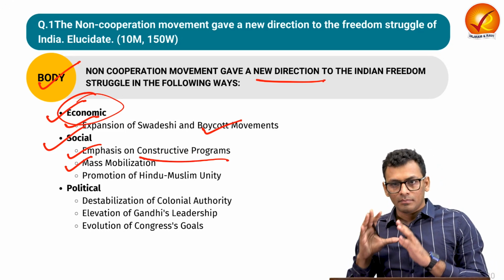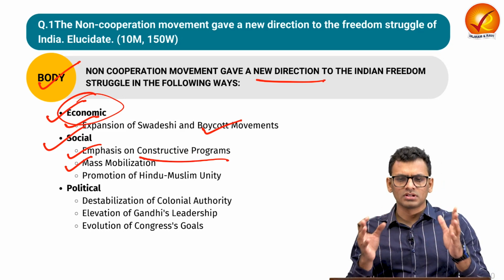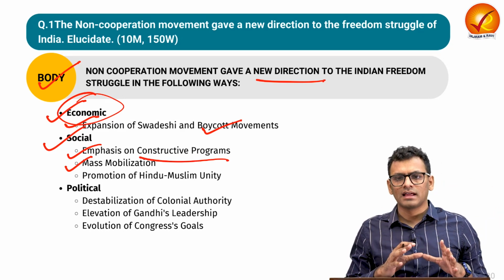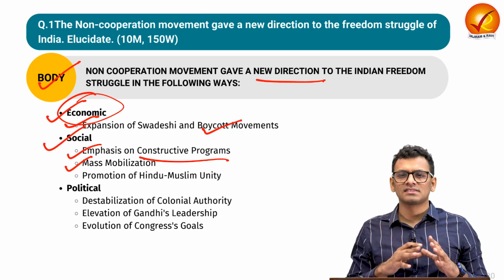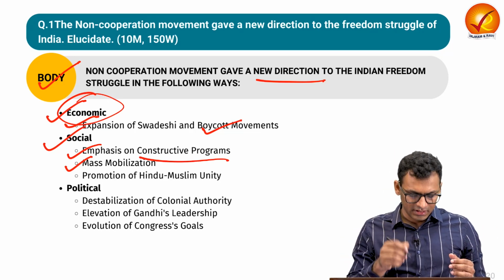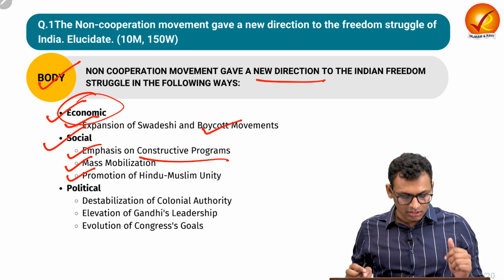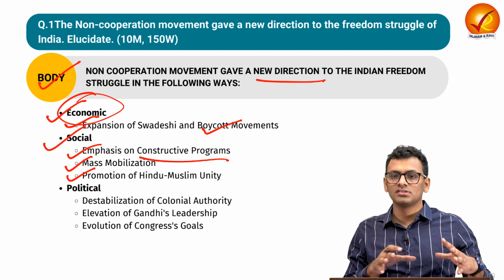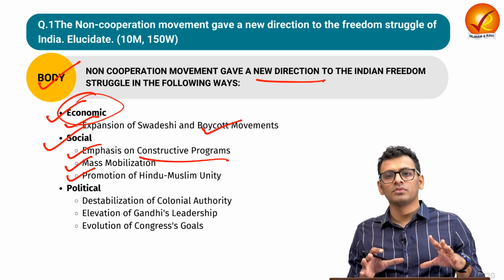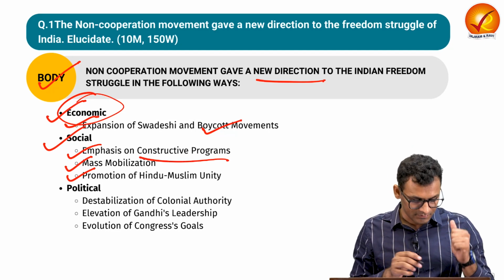Now the participation was not limited to certain geographies or certain demographies, the social indicators as in the elites, but rather it was a very holistic movement where different classes, different castes and genders participated for the movement. Third, with respect to the social parameter, is promotion of Hindu-Muslim unity. We understand that it merged with Khilafat movement. Over here you can understand how it led to certain kind of religious cohesion as well.